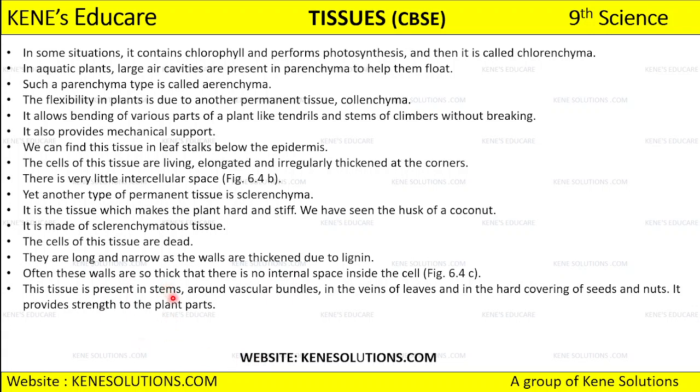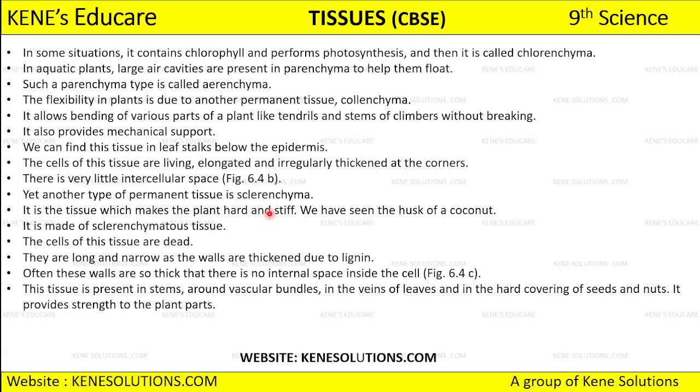Okay, and then after collenchyma, the another kind of permanent tissue that we have is sclerenchyma. Now what makes the tissue or the plant hard and stiff? So the plants become hard and stiff because of this sclerenchyma. Like you can see the coconut, the outer part of the coconut, that is the husk of the coconut, is so hard. Why? Because it is made up of sclerenchymatous tissue.